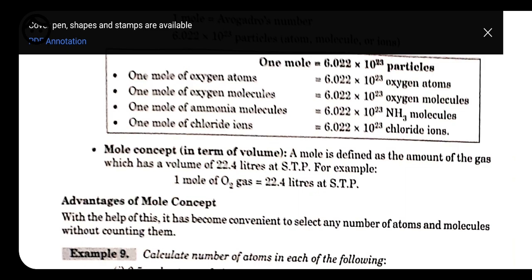That's why the standard unit we have taken is 22.4 liter. So 1 mole of oxygen gas takes 22.4 liter at standard temperature and pressure.